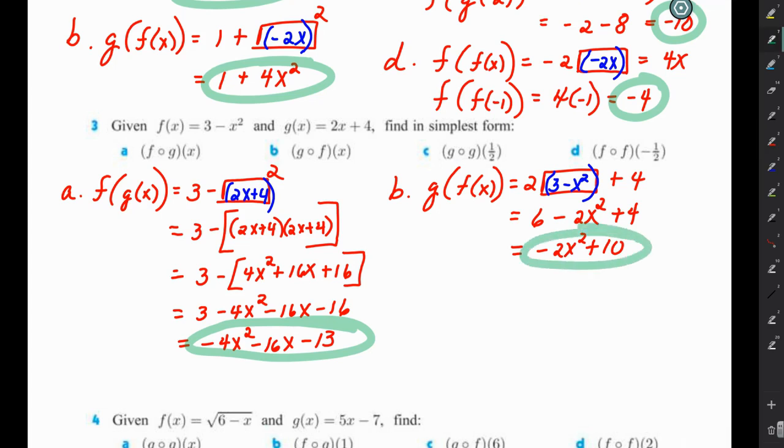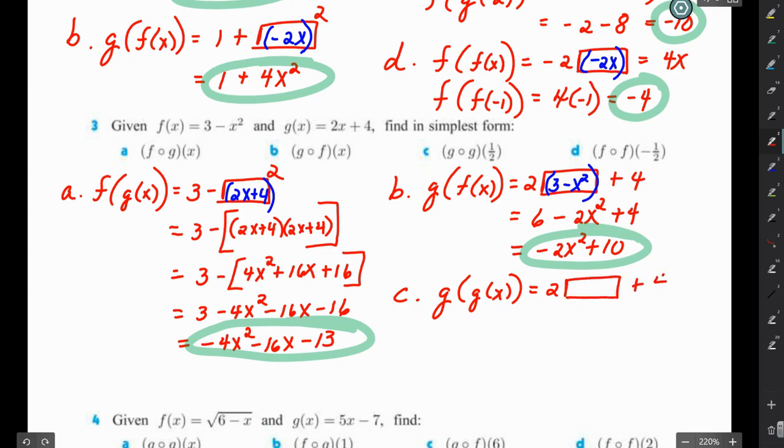Okay, we want g of 1/2 for letter C. So for letter C, I'm first going to find g of x. Okay, so g is my outer function and my inner function. So inside is going to be 2x plus 4.